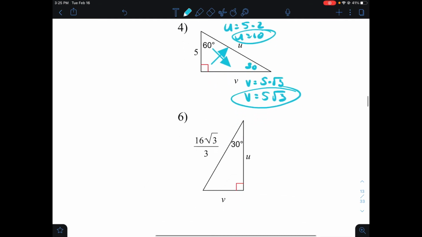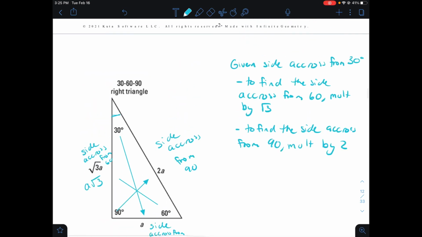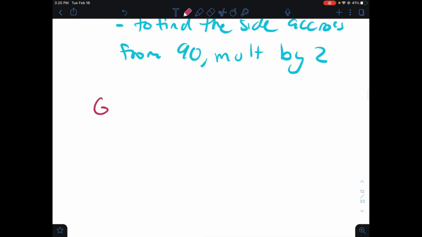Very nice. Now let's try another case. So that was given the side across from 30. Now, let's see what happens when you're given the side across from 60. All right.